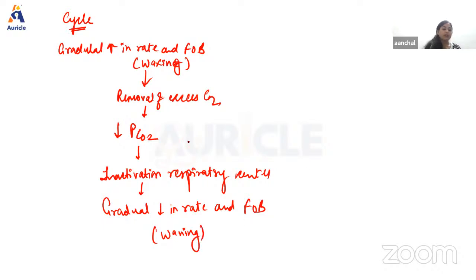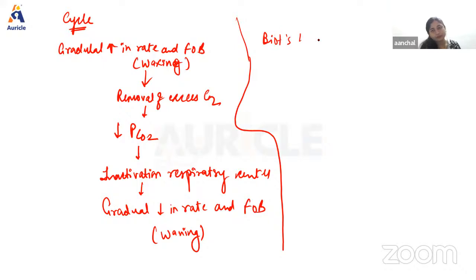Then another thing we have is Biot's breathing. This is also another form of periodic breathing that is characterized by a period of apnea and a period of hyperpnea. So here both will be there, apnea plus hyperpnea.